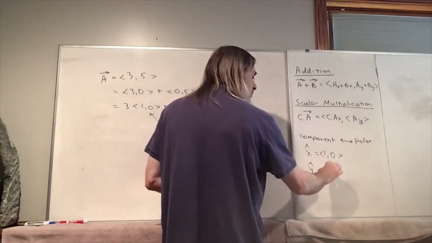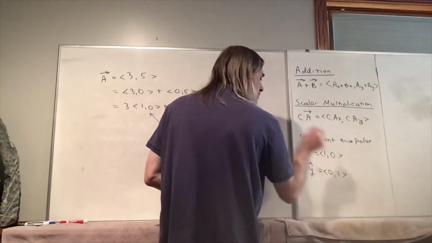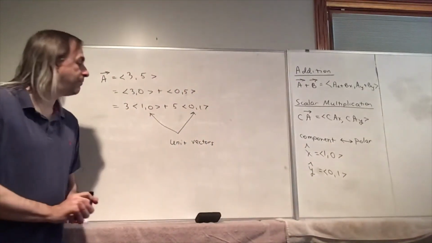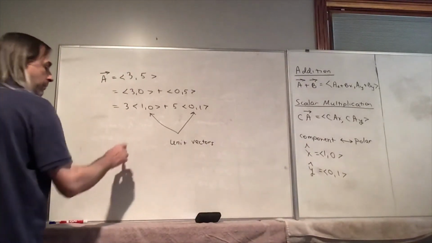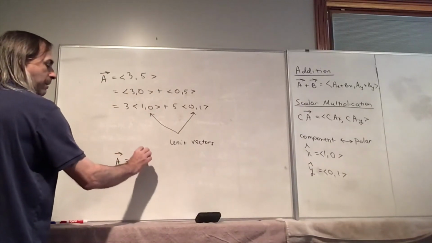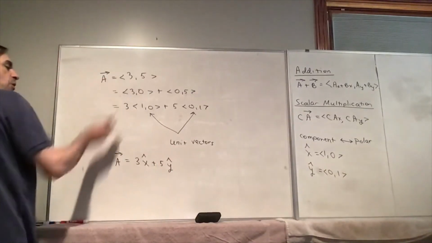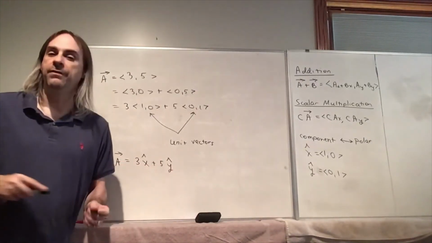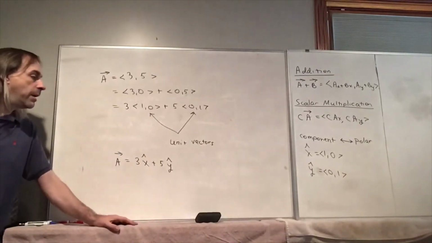Y hat would point in the y direction and have a magnitude of 1. And so you could write this vector A in this form, 3x hat plus 5y hat. So it's just a different way of writing this. It basically means 3 in the x direction, 5 in the y direction. It's a very common type of notation and pretty useful.